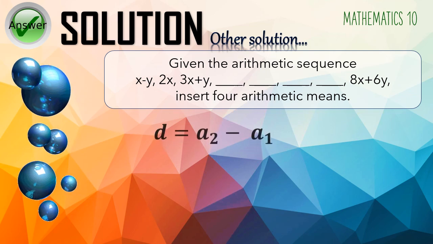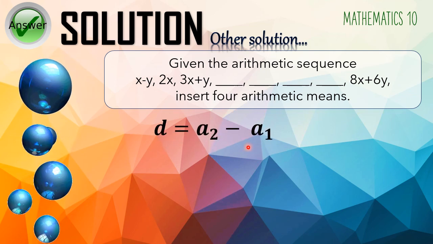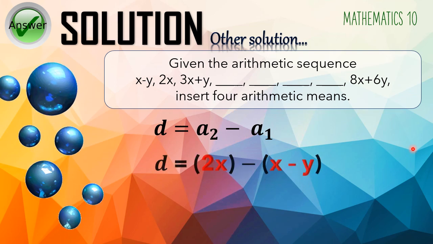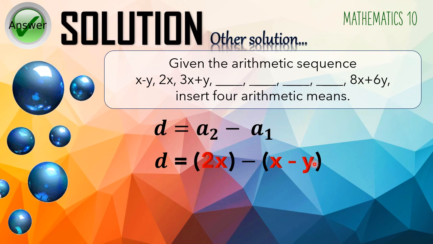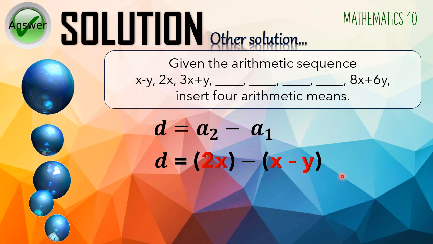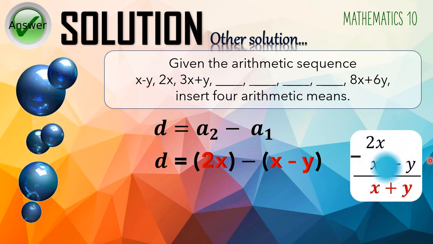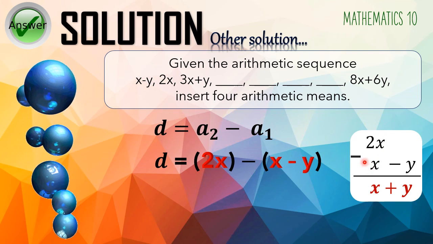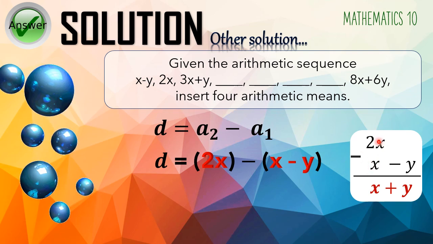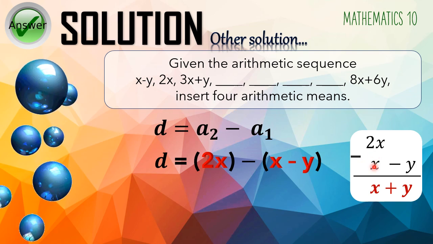So you can use that to find the common difference. I'm gonna use second term minus first term, and so we will have 2x minus x minus y. Maybe others forgot already how we subtract expressions, so we need to align like terms, or we are simply allowed to add or subtract similar terms.